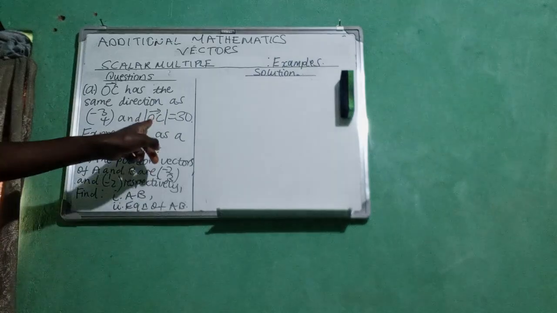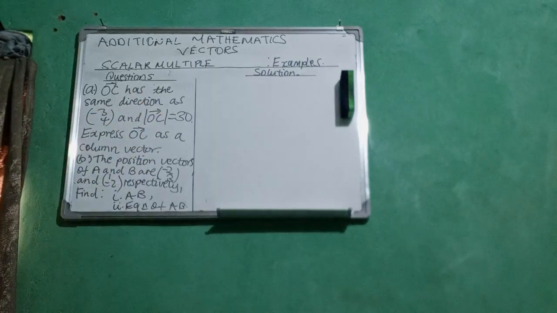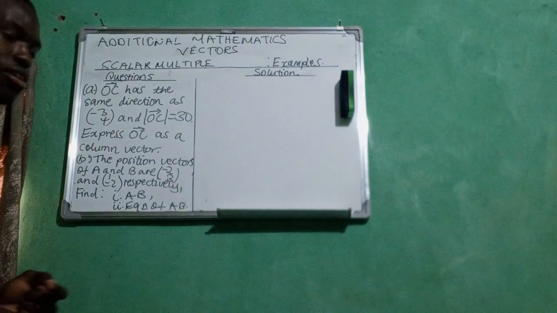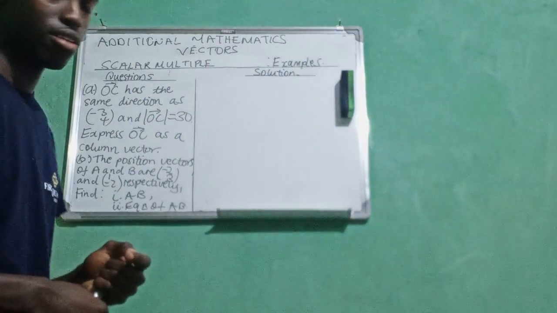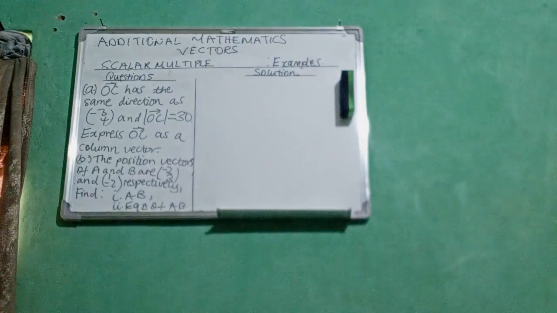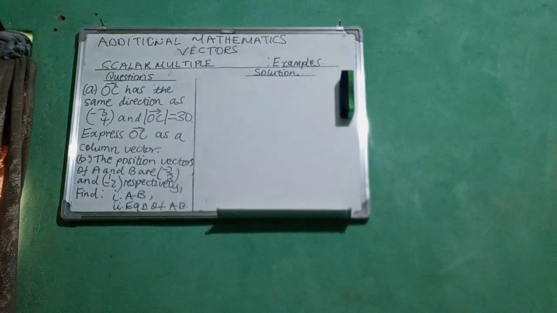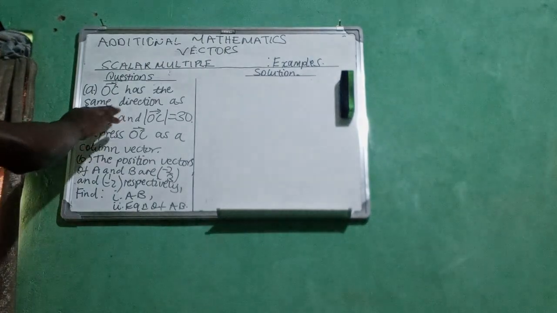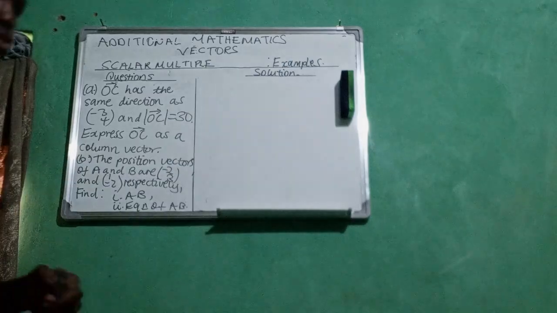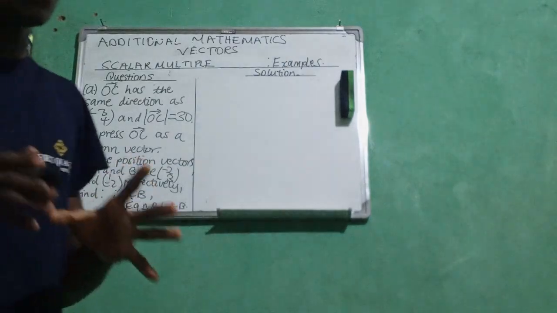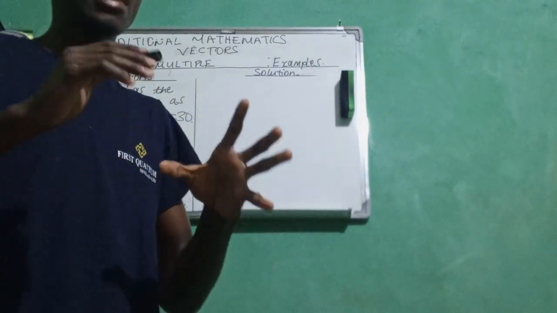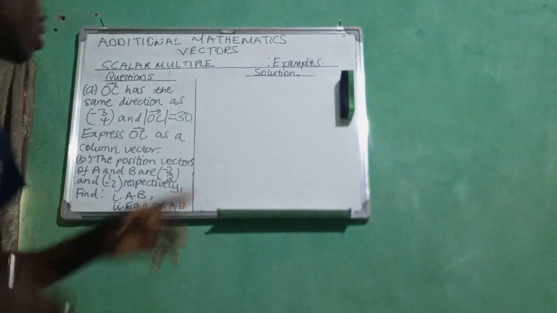So these two bars mean the magnitude. The magnitude is simply the size of the vector, the length of that particular vector. Now, we have said that OC has the same direction. When you hear that OC has the same direction, it means that they are parallel to each other.